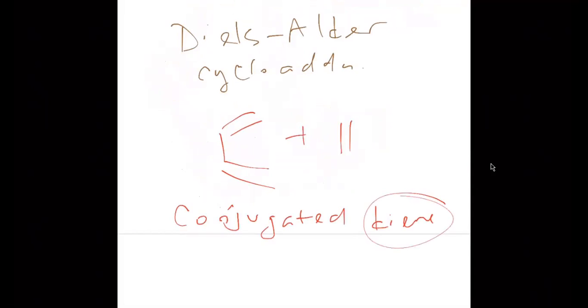So this is 4 pi. This is 2 pi. And this is what we call the dienophile, or lover of dienes, right? So the phile comes from one of the Greek words for love, philos, where we get, it's like brotherly love, like the city of Philadelphia. That's where that name comes from. All right.